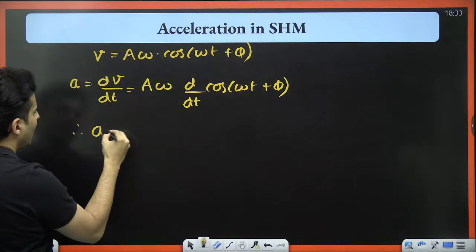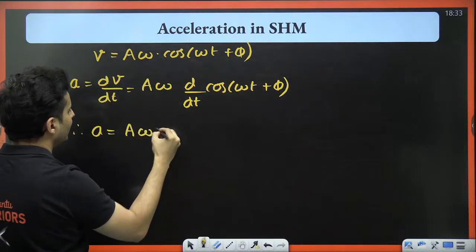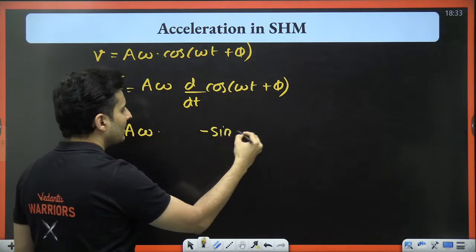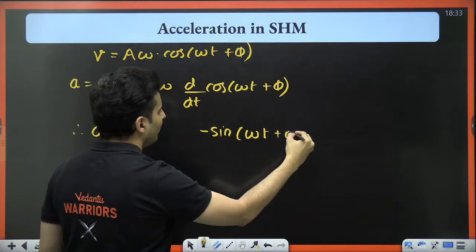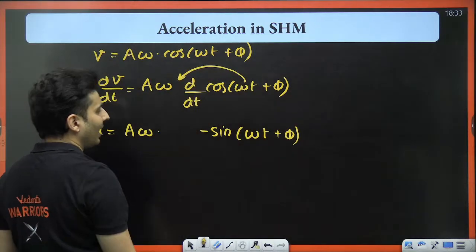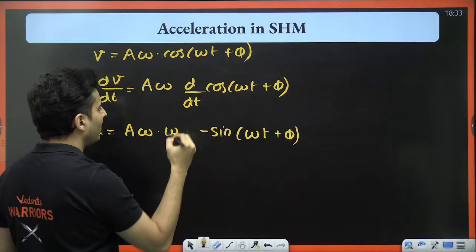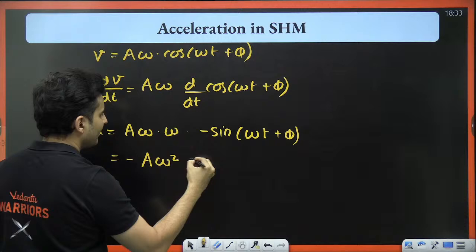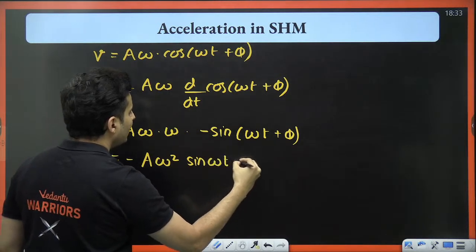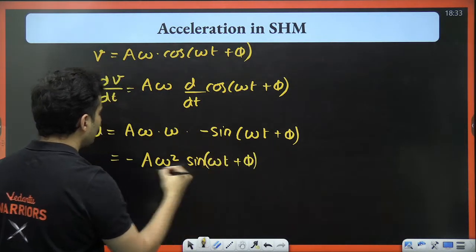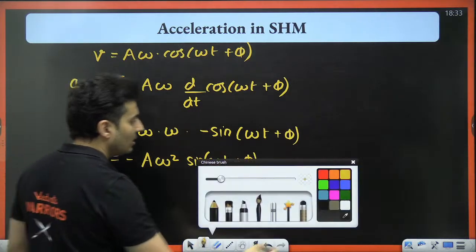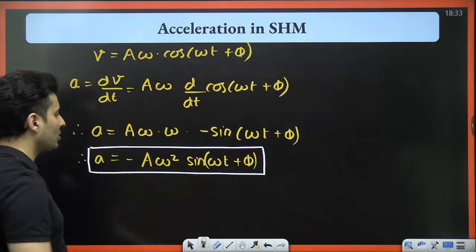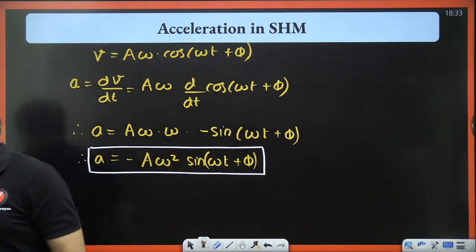So acceleration will be a omega into derivative of cos, which is minus sine omega t plus phi, and by the chain rule omega comes outside, so into omega again. So acceleration is going to be minus a omega square sine omega t plus phi.